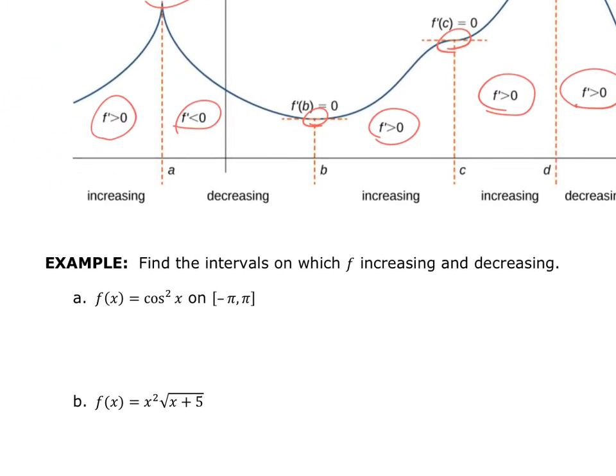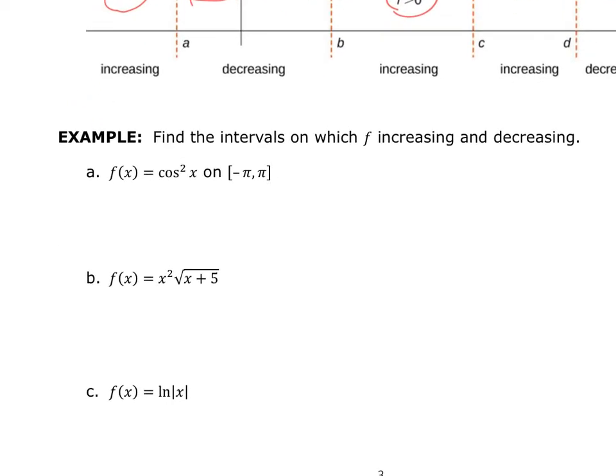So if they're asking us to find the intervals of increasing and decreasing on from negative pi to pi, the first thing I'm going to do is do the derivative. So when I do the derivative, I have f prime of x is equal to 2 cosine x multiplied by negative sine x.